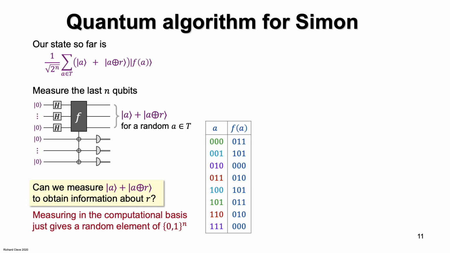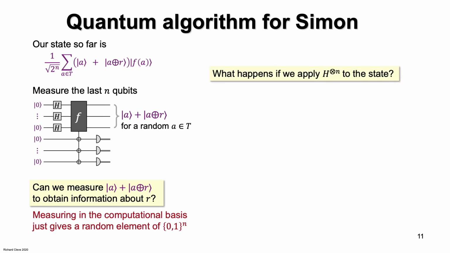So if we want to make progress, then we definitely don't want to measure the first n qubits in the computational basis. What happens if, instead of measuring in the computational basis, we apply a Hadamard transform to each of the n qubits? Let's calculate the resulting state.